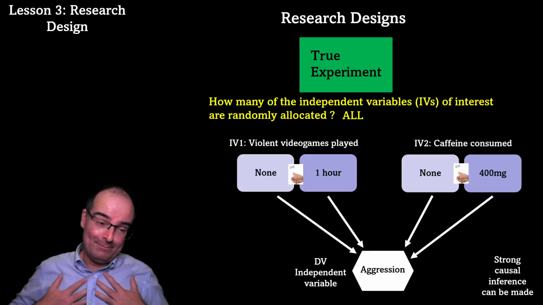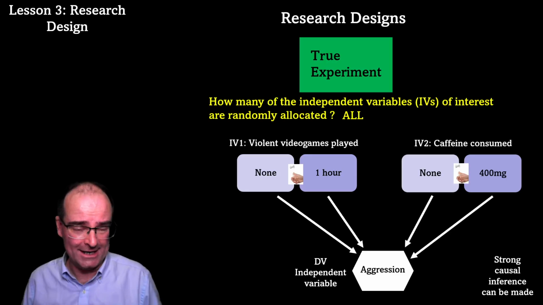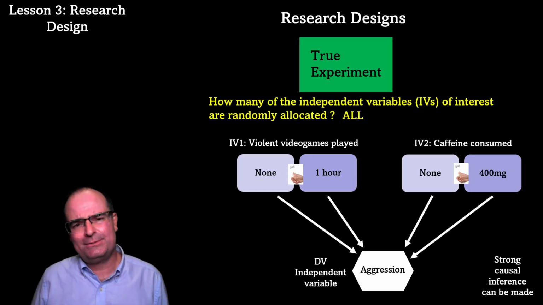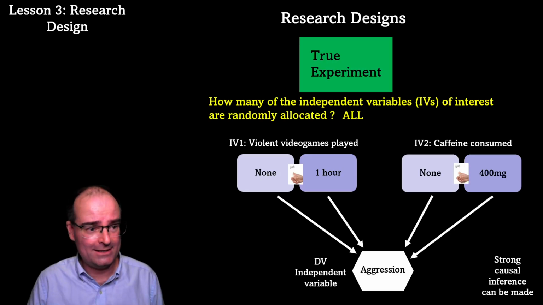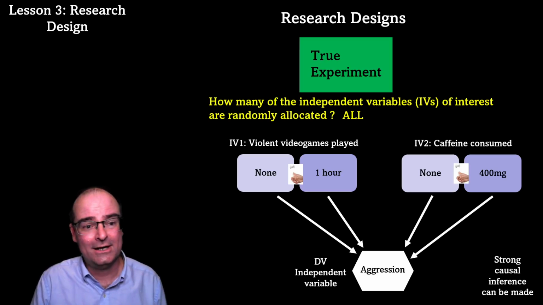So let's say, for example, we want to do a true experiment on do violent video games and caffeine cause aggression. To be a true experiment, we need to be able to randomly allocate and manipulate the levels of violent video games played. So I've got there a none condition and a 1 hour condition, and the amount of caffeine consumed.